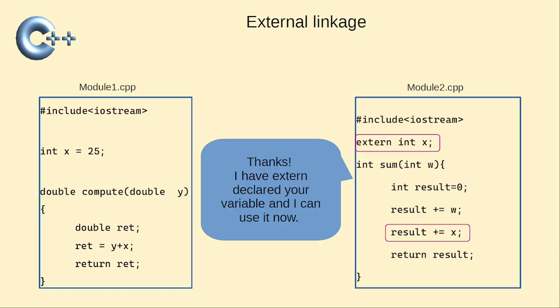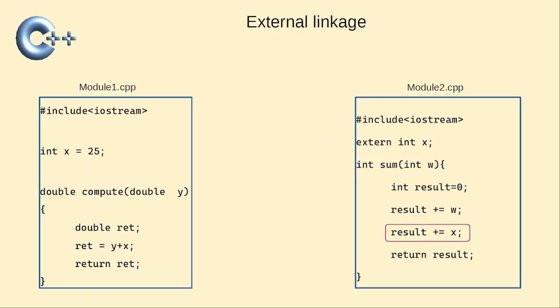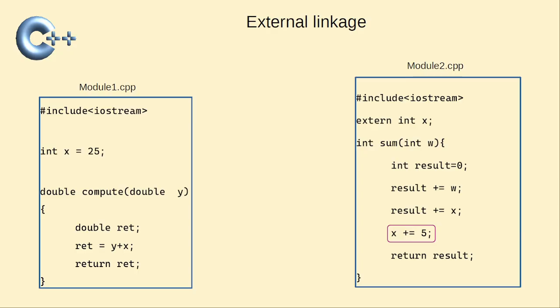With external linkage, you can not only use the variable, like the value of x added to the result variable here, but also change the value, which means it is not only read access but also write access that module 2 gets to the variable x through external linkage.